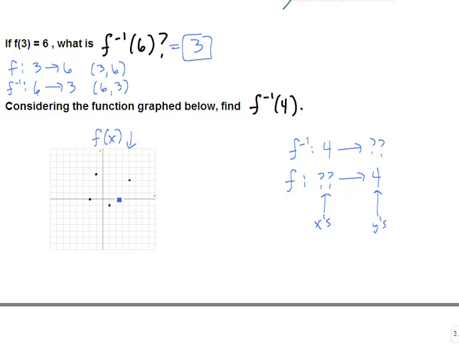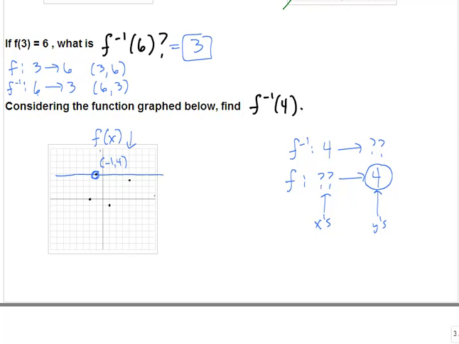So on the graph of f, we want to be looking for a y value of 4. So which of these dots has a y value that's equal to 4? Well, y equals 4 would be along this horizontal line, and the only dot that hits y equals 4 is this dot right here. And it has the ordered pair -1, 4.